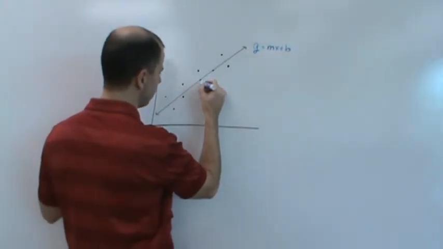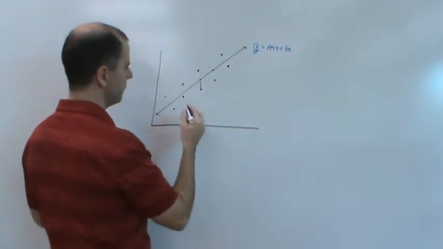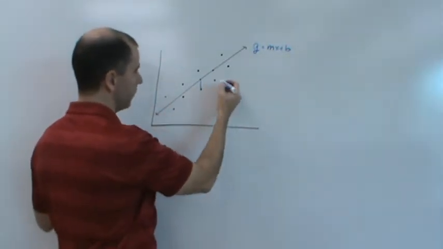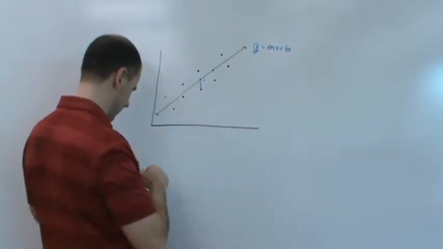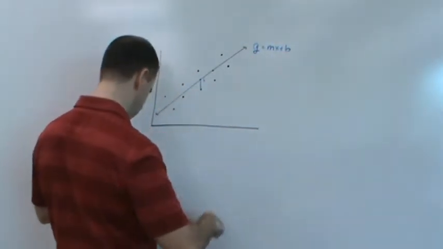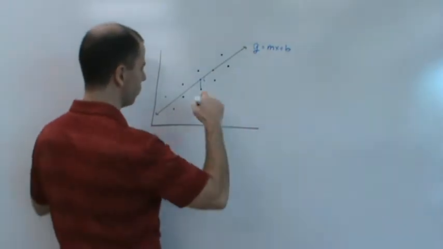So this distance, that distance is what we have here in this plot. Let me plot this ordered pair.